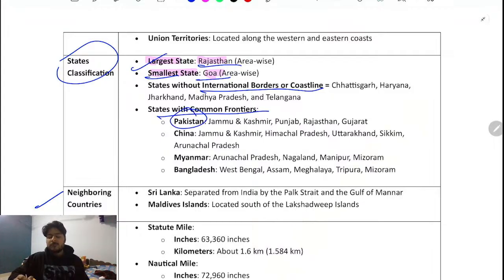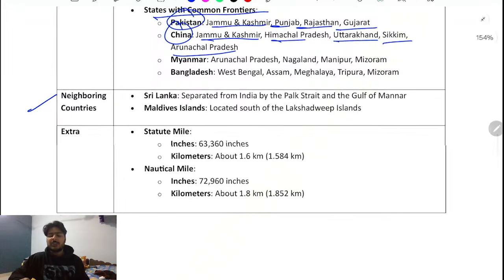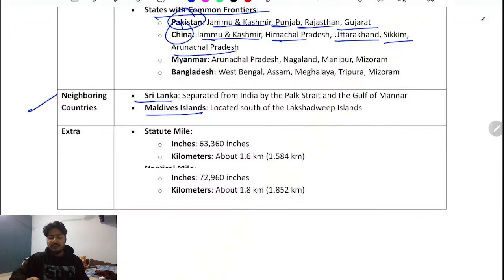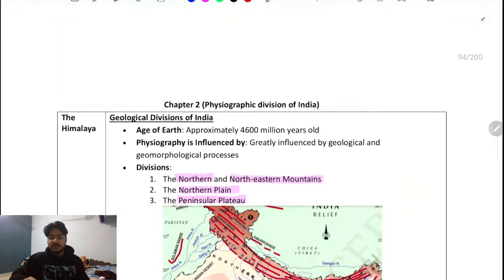How many states border Pakistan? J&K, Punjab, Rajasthan, Gujarat. With China: J&K, Himachal, Uttarakhand, these are the states. Not very important, but at least you need to have a good understanding. Next are neighboring countries: we have Sri Lanka and the Maldives Islands, as we have discussed.